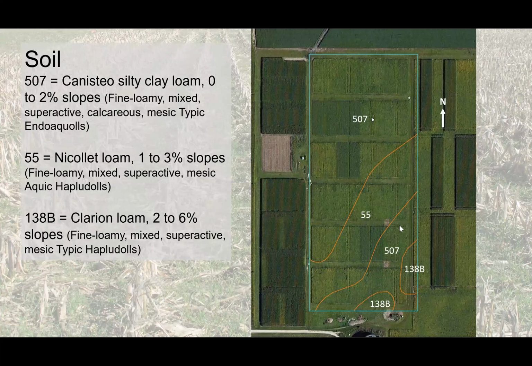There's a band of Nicollet loam going through the middle here. And finally, there are a couple of small areas on the southern end of the field site that are Clarion. So by and large, low slopes. We don't really address surface runoff from these plots because there really isn't any, so we don't have to worry about erosion and losses with surface runoff.